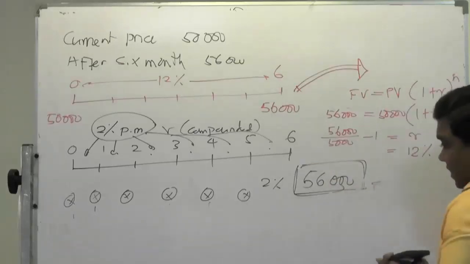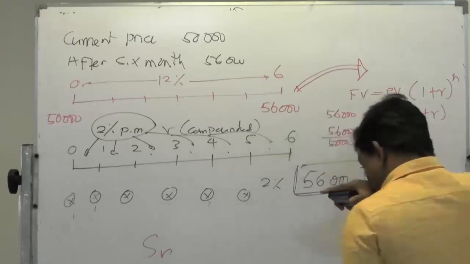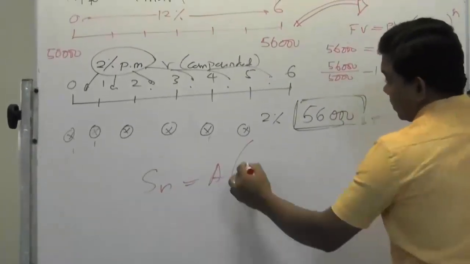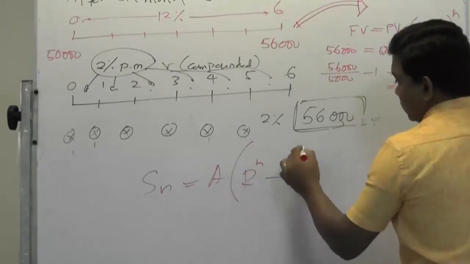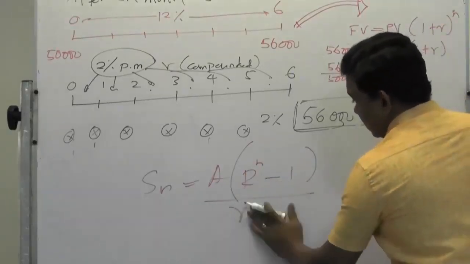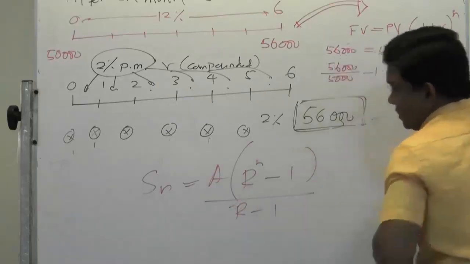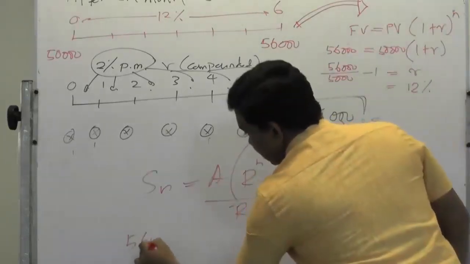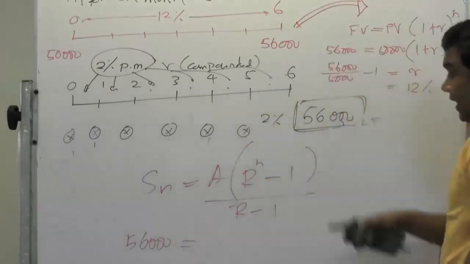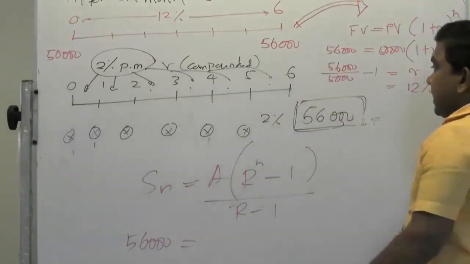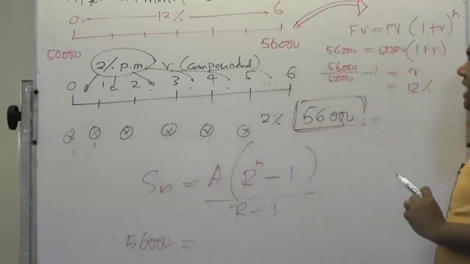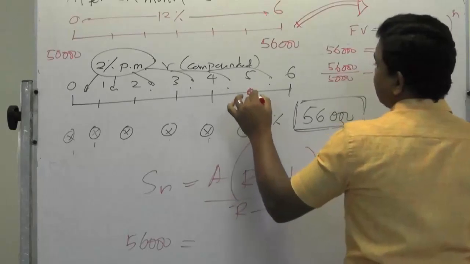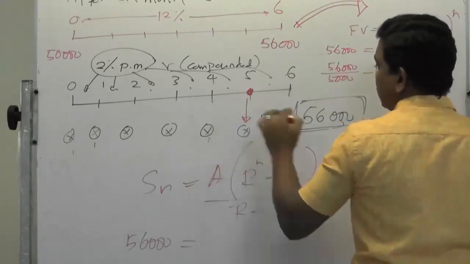Therefore, the formula will be Sn, the sum, equals A into (R^n minus 1) divided by (R minus 1), right? Sn you know, 56,000. A is in a geometric progression as discussed in the previous question. Therefore, A here is the last deposit. This is the last deposit you will make.